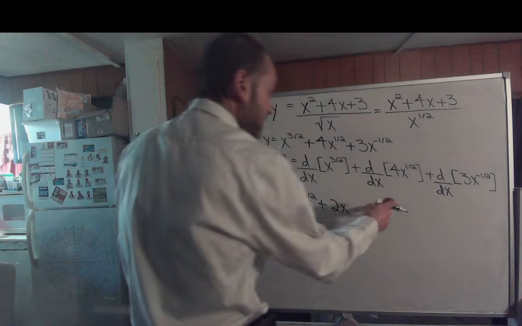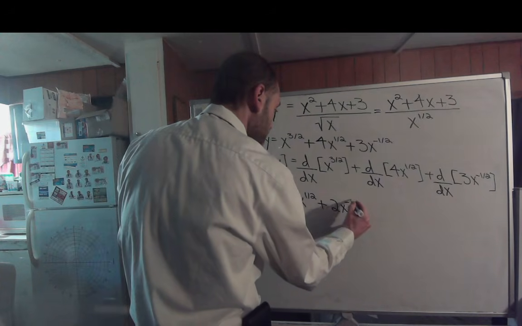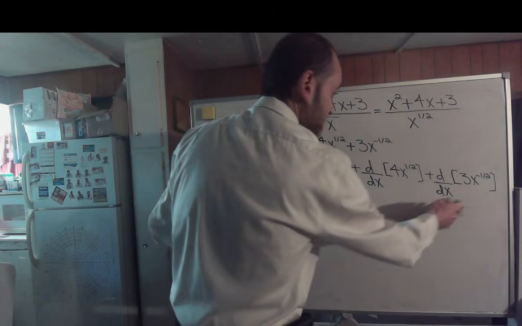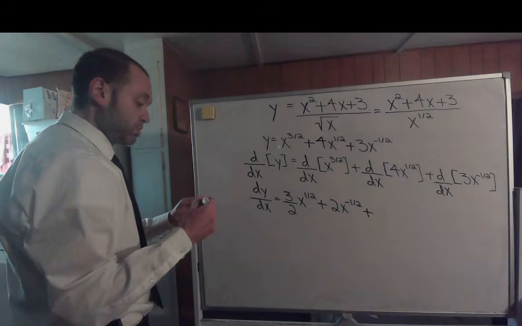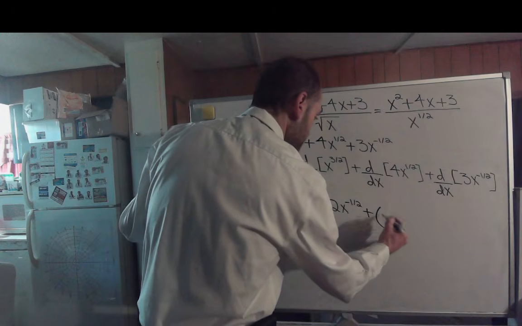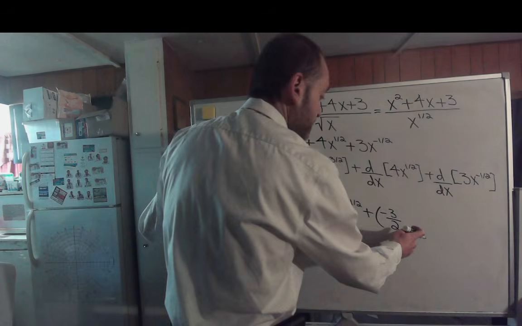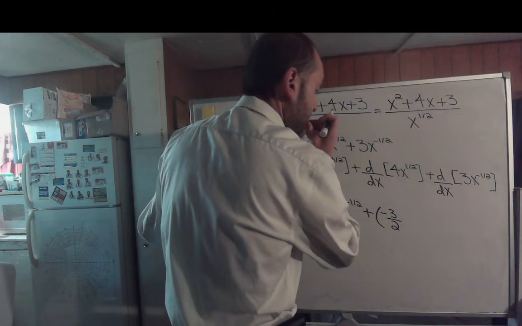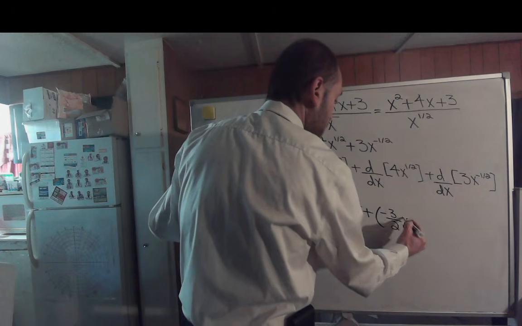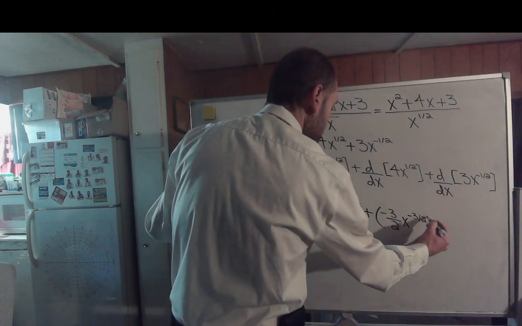And then you have 1/2 minus 1, that's going to be negative 1/2. Plus, you take the derivative with respect to x of 3x to the negative 1/2. Well, negative 1/2 times 3, that's negative 3 halves. And then you have times x to the, if you lower negative 1/2 by 1 degree, that'd be to the negative 3 halves.